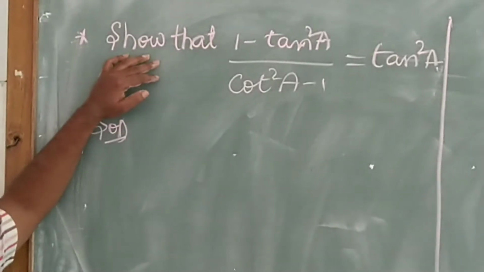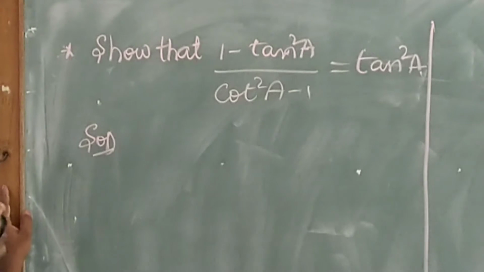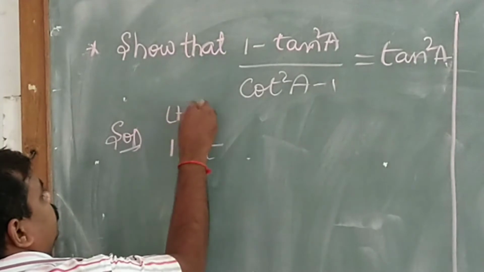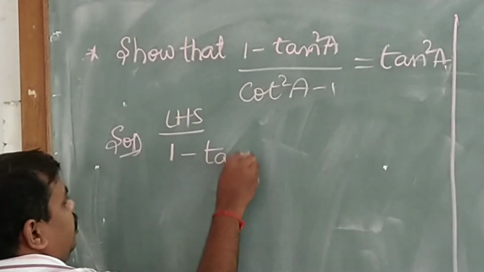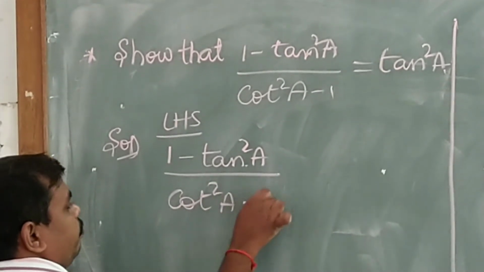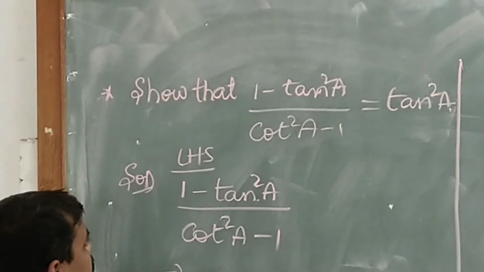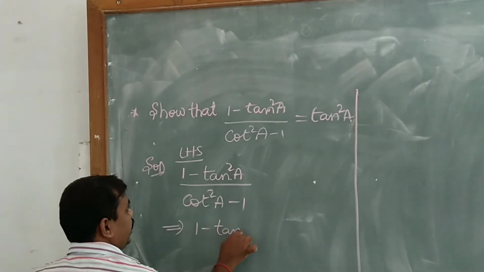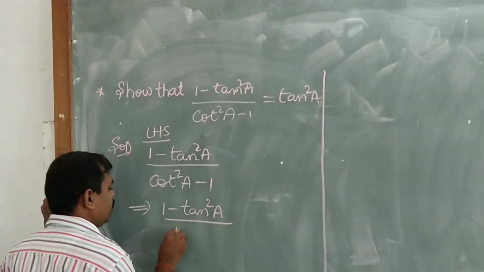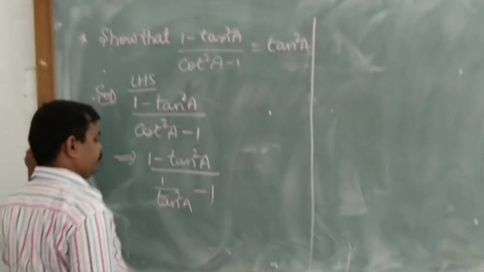Next one, show that (1 minus tan square A) by (cot square A minus 1) is equal to tan square A. So we need to take LHS. 1 minus tan square A by cot square A minus 1. So that implies 1 minus tan square A by, let us write this cot square A as 1 by tan square A, minus 1.